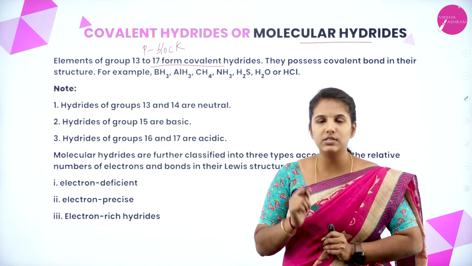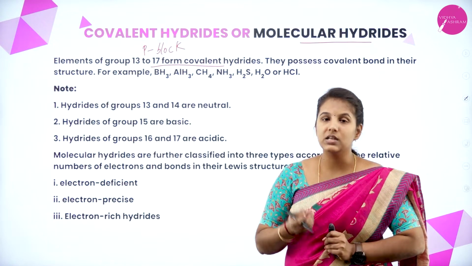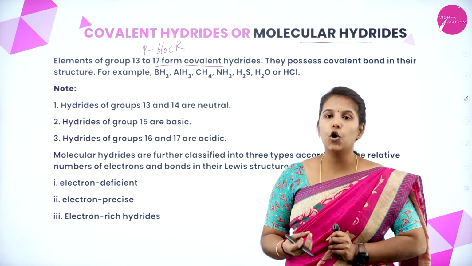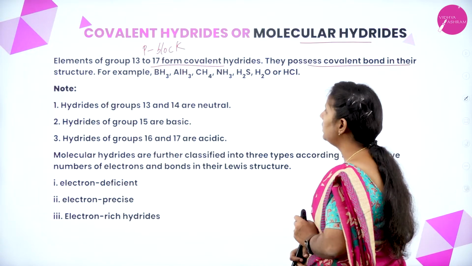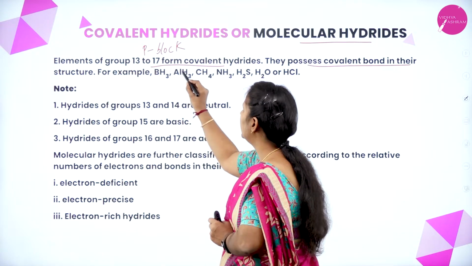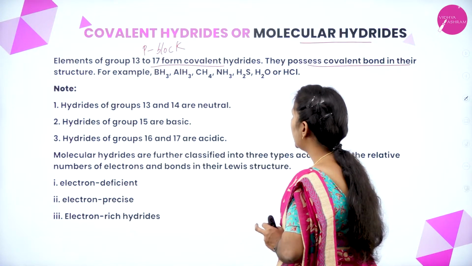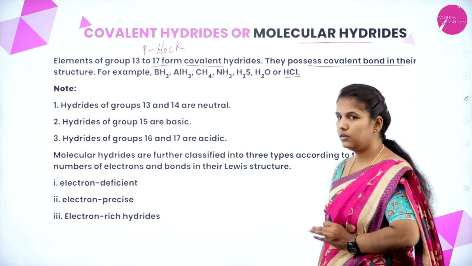Groups 13 to 17 are known as p-block elements. So, when it reacts with dihydrogen, it forms what? Covalent hydride. So, they possess a covalent bond in their structure. Examples: BH3, AlH3, CH4, NH3, H2S, water or HCl.